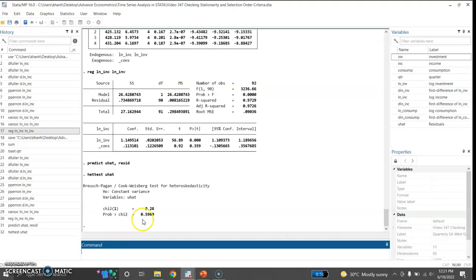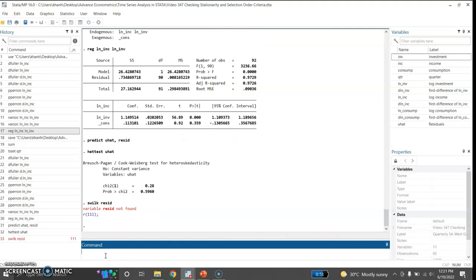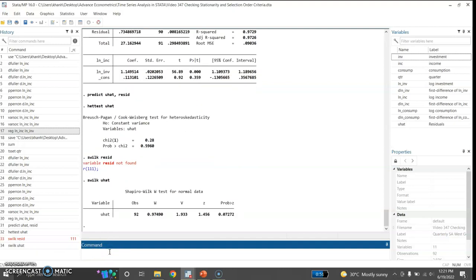So there is no problem of heteroscedasticity in this problem, and I can check Shapiro-Wilk for the residual, SWILK comma U hat. Sorry, I used RESID. I should use U hat. And this also shows that the residual follows normality because the p value is greater than 0.05.